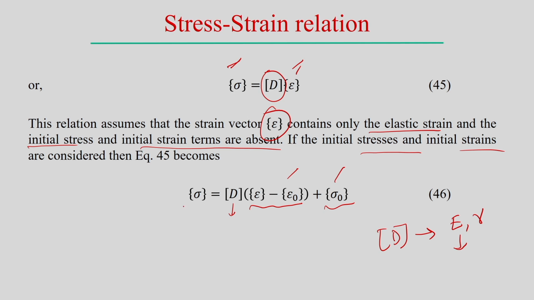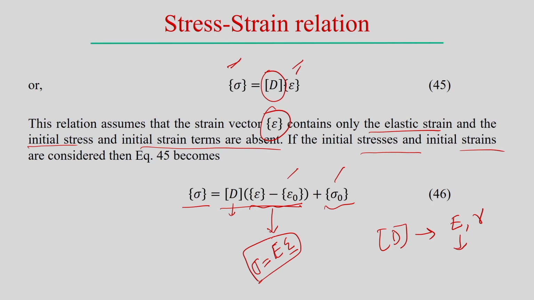So, this is dimensionally balanced, because this is the stress component and D into strain is equivalent to stress. Even in a uniaxial stress state, stress equals Young's modulus into strain, assuming stress and strain are uniaxial and valid within the elastic limit. So, stress is proportional to strain, then sigma equal to E into epsilon.